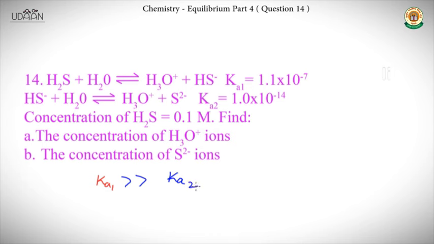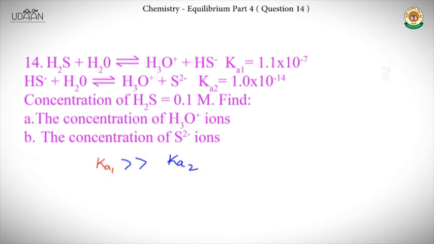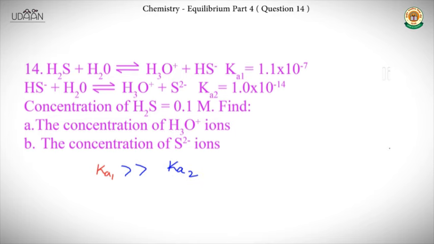So the dissociation of HS minus to release H plus can be neglected when you compare the hydronium ion concentration from the first reaction. It will be much higher than that from the second reaction. Exactly. So ionization at the second stage is neglected.